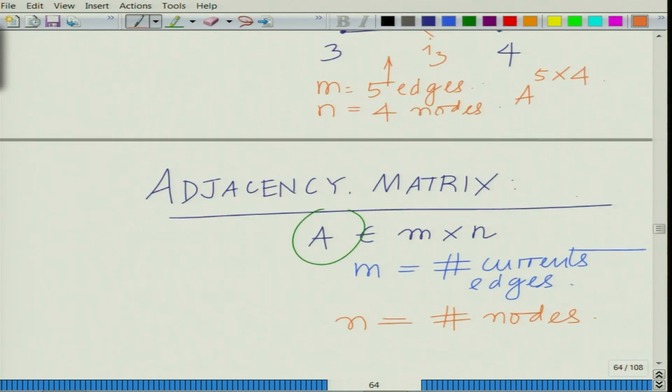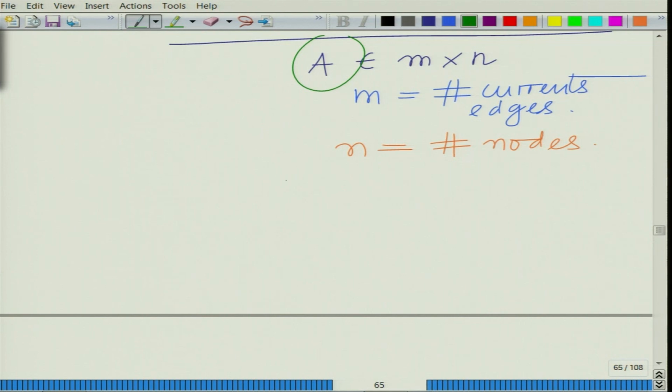Now, what is the property of A? How do we construct A?